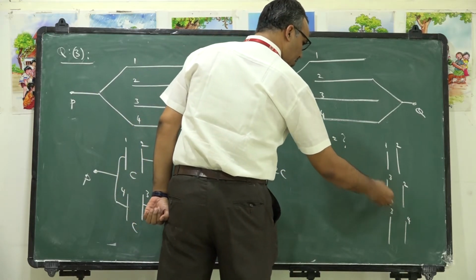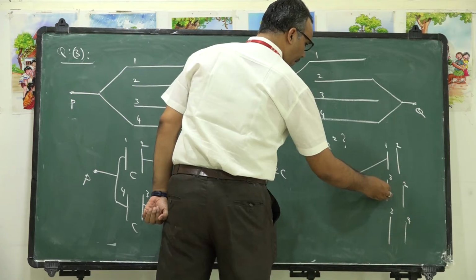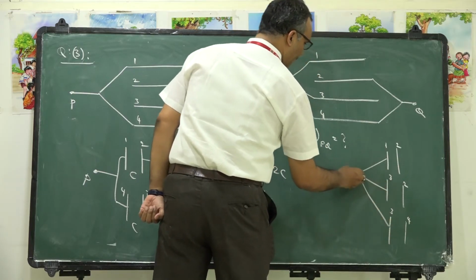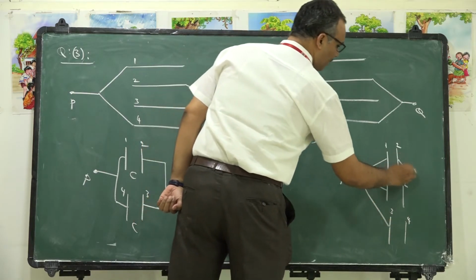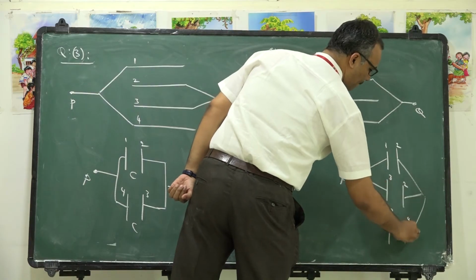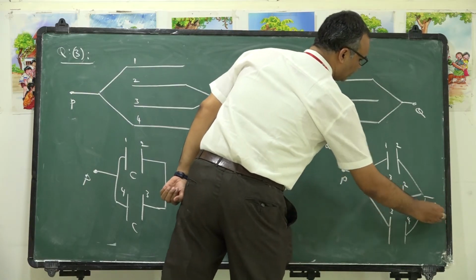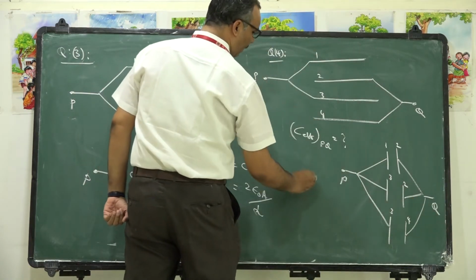As 1 and 3 are both at the same potential, you can join all the 3 like this with P. You can join all the 3 with Q like this. Clearly all the 3 are in parallel combination.